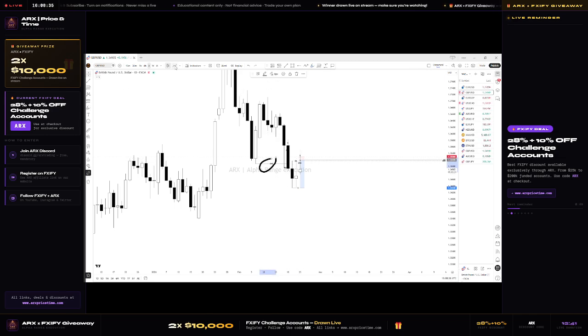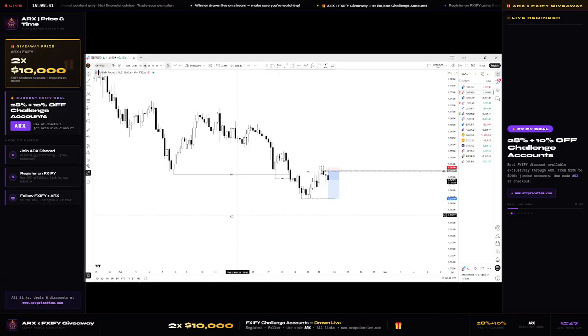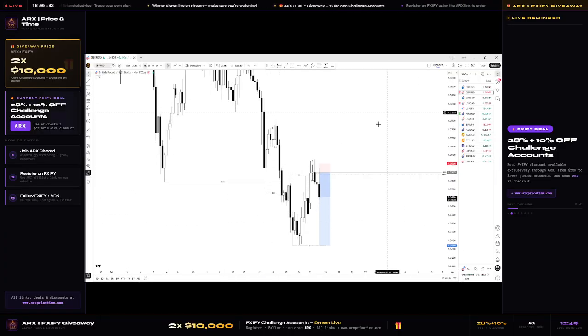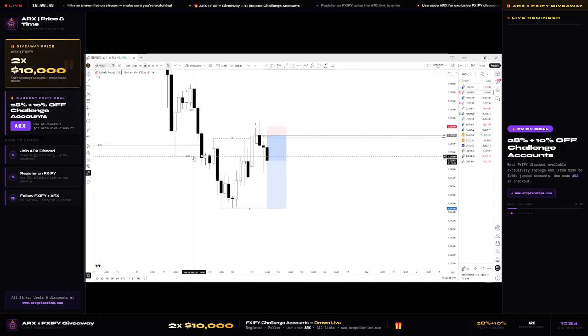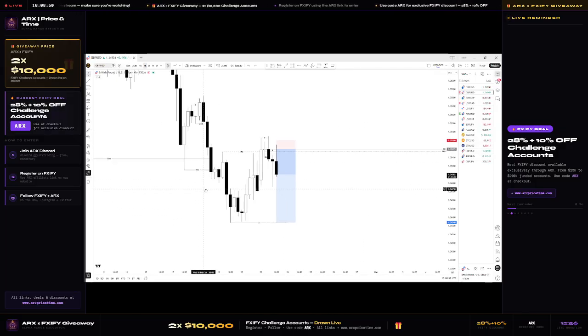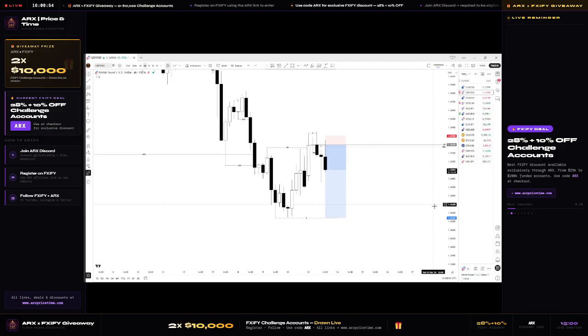Then you go to the 4-hour, you're looking for the same thing. What he does is he's trying to align the market in the same direction. And you can see there another breakout structure from the 4-hour time frame. So weekly, daily, and 4-hour are now bearish. That's what you're looking for.